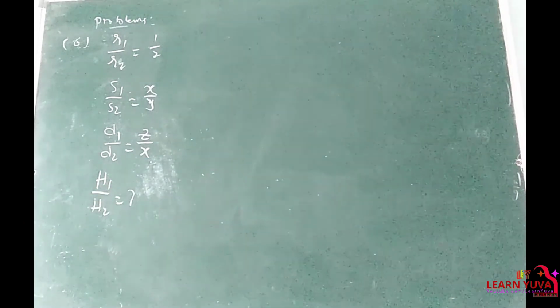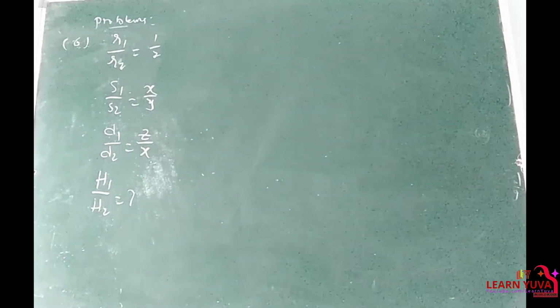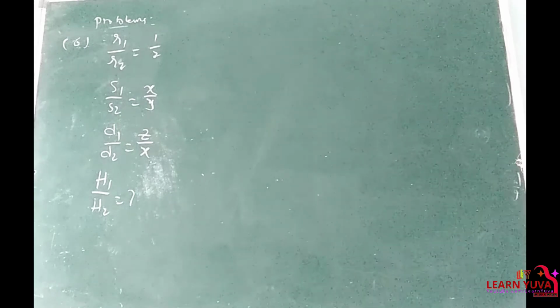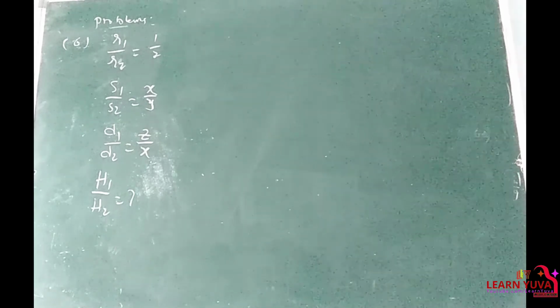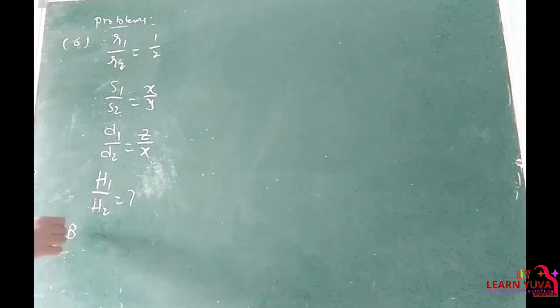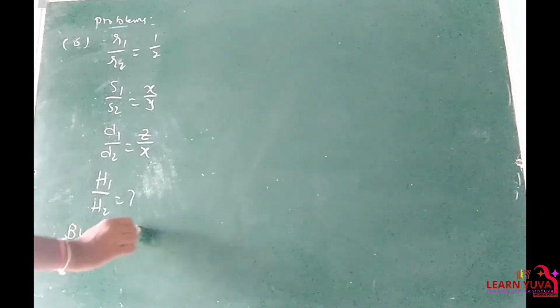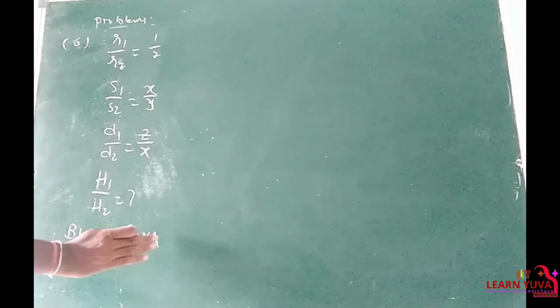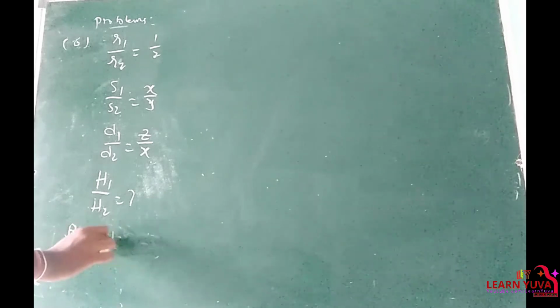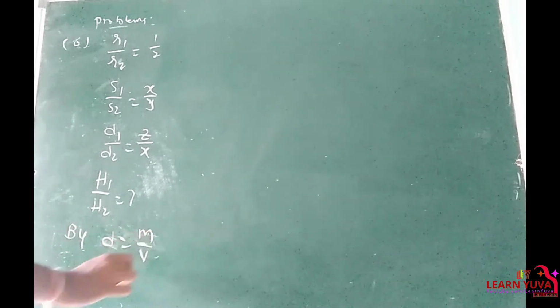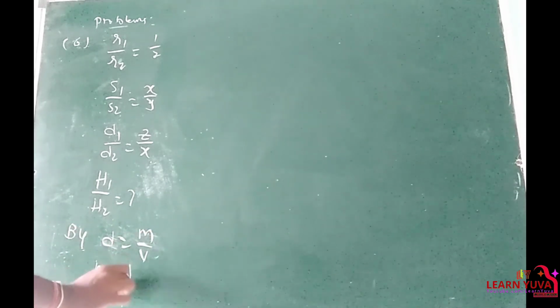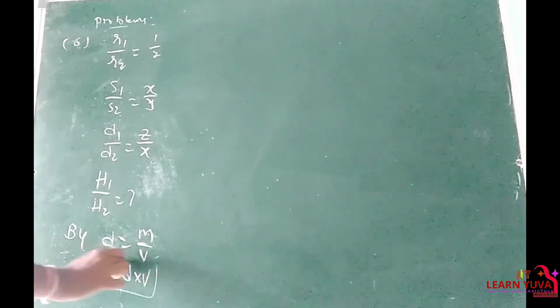Right? So by the formula, density is equal to mass by volume. Mass is equal to density into volume. We have to apply this.